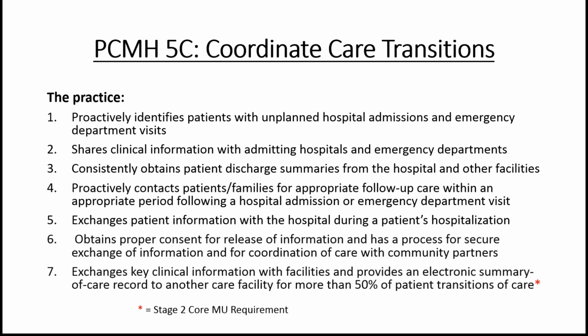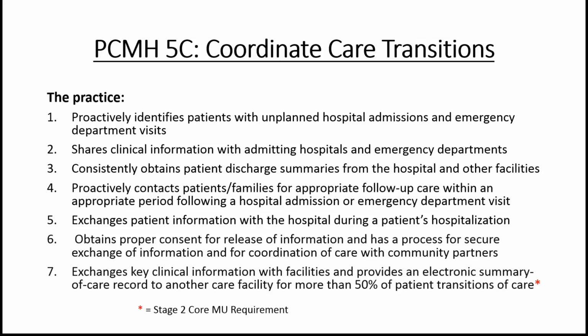Let's see, factor 4 proactively contacts patients for appropriate follow-up care within an appropriate period following a hospital admission or emergency department visit. Factor 5 exchanges patient information with the hospital during the patient's hospitalization. For that one specifically, they do look for one example of that two-way communication.